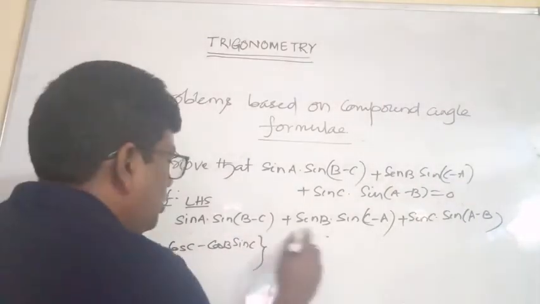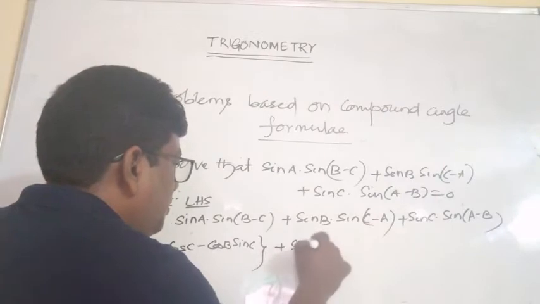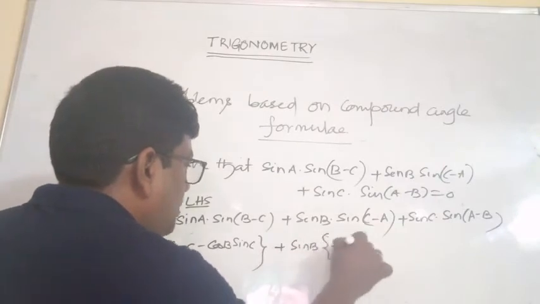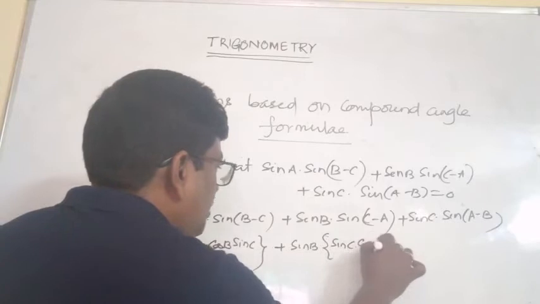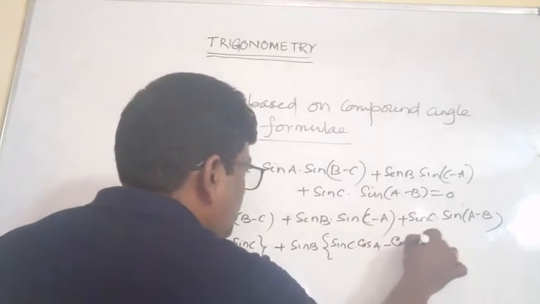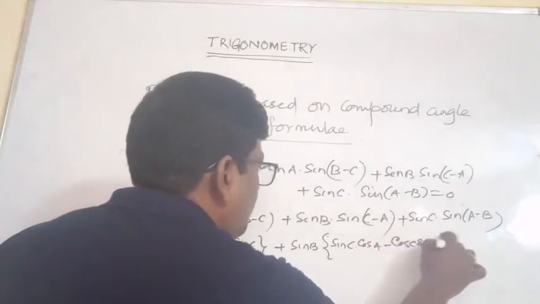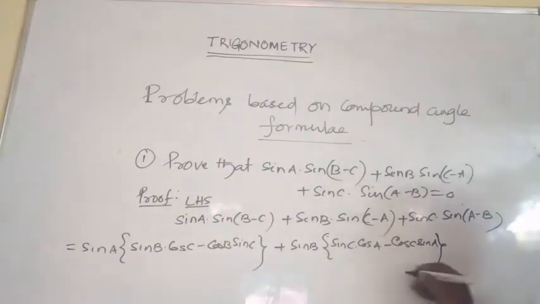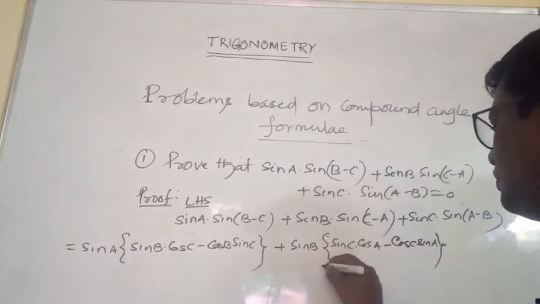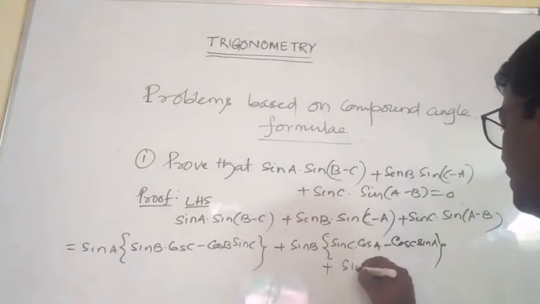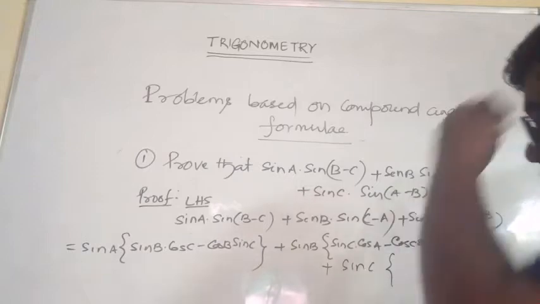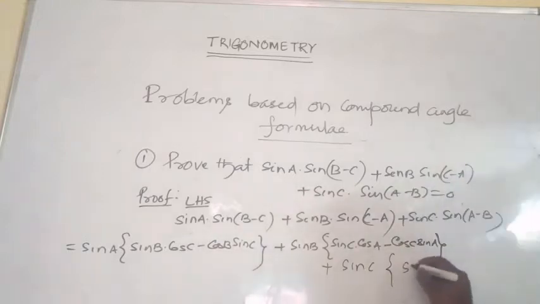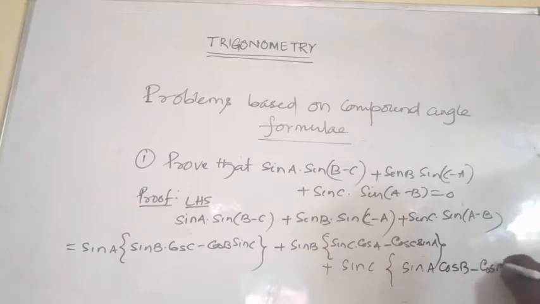Again, the second term: sin B into (sin C cos A minus cos C sin A). And the last term is plus sin C into (sin A cos B minus cos A sin B).